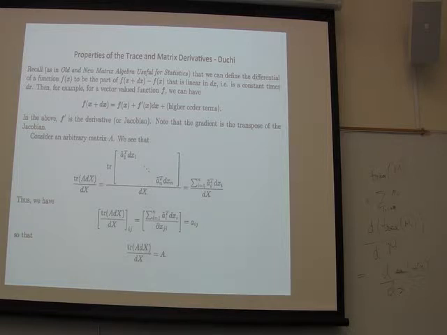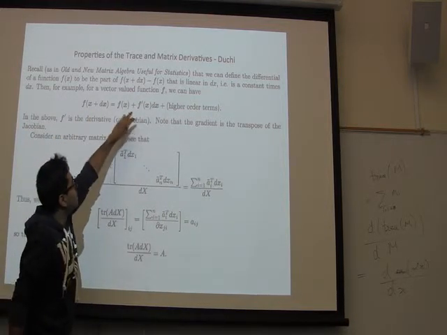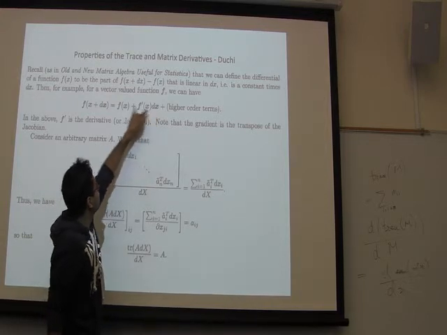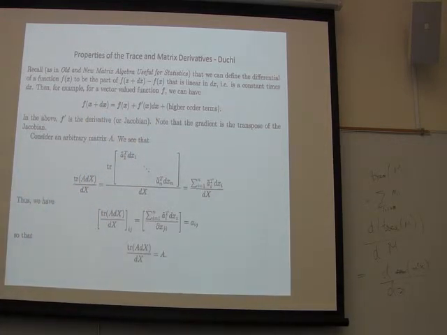So let's imagine that f equals Ax. Then what he has said here is that f prime x is the part that is linear in dx. So he writes f of x plus dx and f of x. He says f of x plus dx is equal to A of x plus dx, and when he subtracts them, he gets A dx.